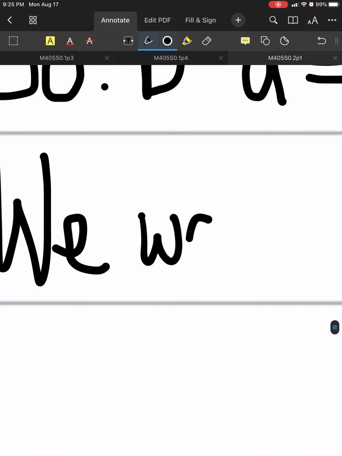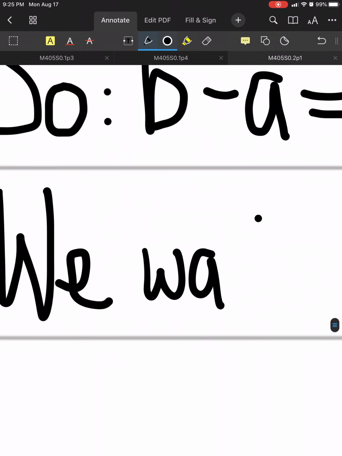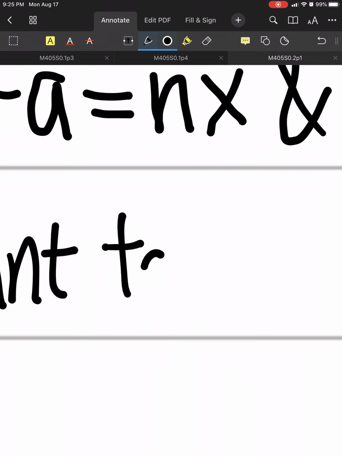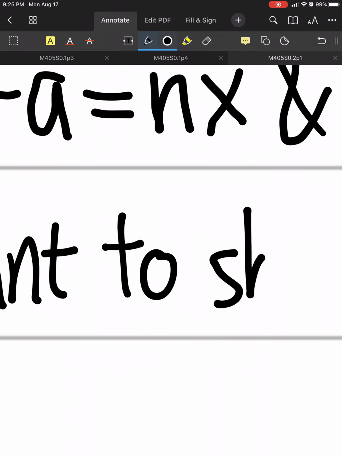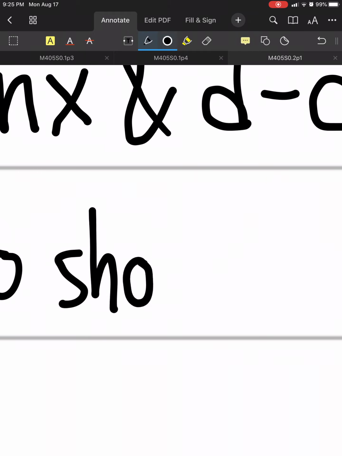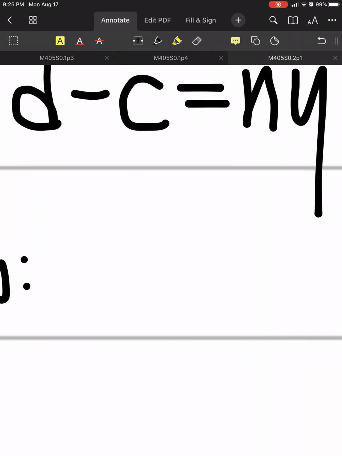We want, well, that wasn't what I wanted. We want to show, sorry about zooming in this much, but that's the way it goes.